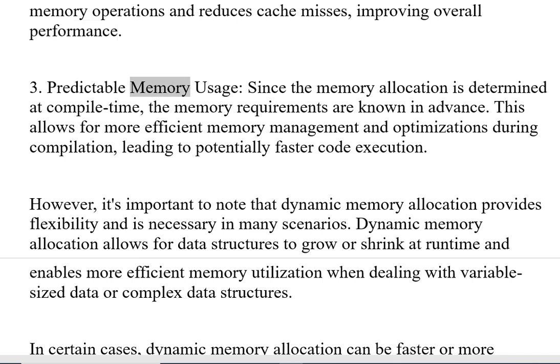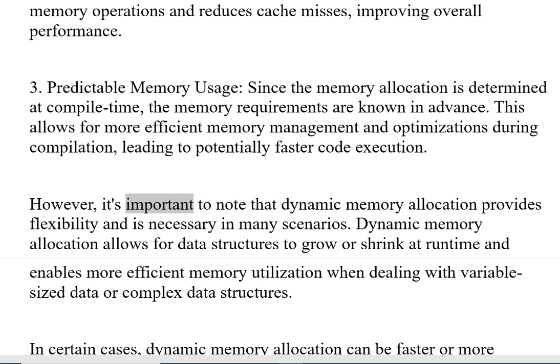3. Predictable memory usage. Since the memory allocation is determined at compile time, the memory requirements are known in advance. This allows for more efficient memory management and optimizations during compilation, leading to potentially faster code execution.